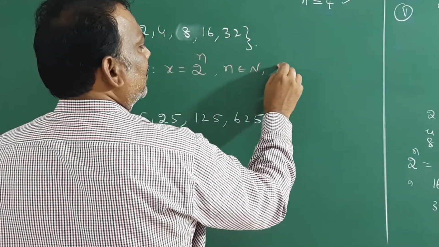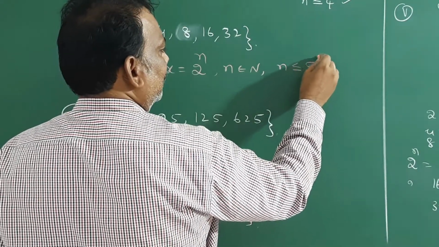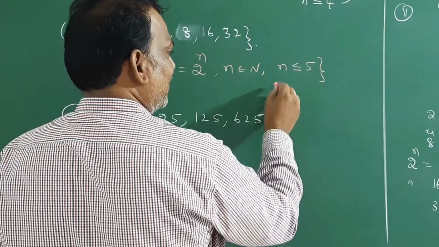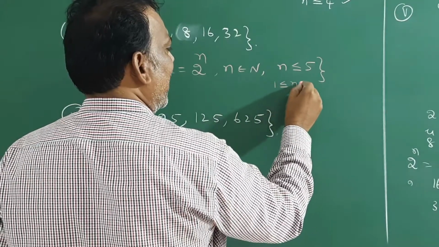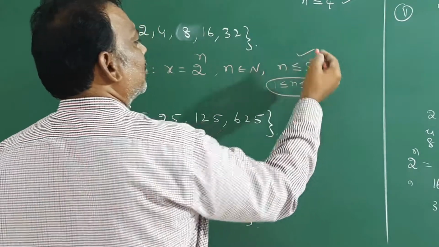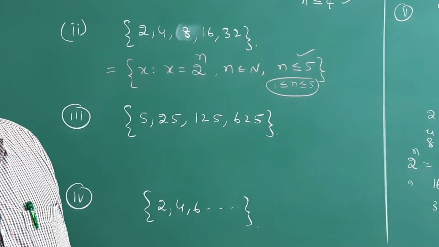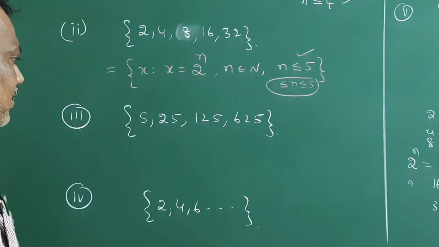That's why small n is less than or equal to 5. Otherwise, you can take 1 less than or equal to n less than or equal to 5. This is also correct, as you wish. Clear, students? Understood? Right. Now come to the next question.